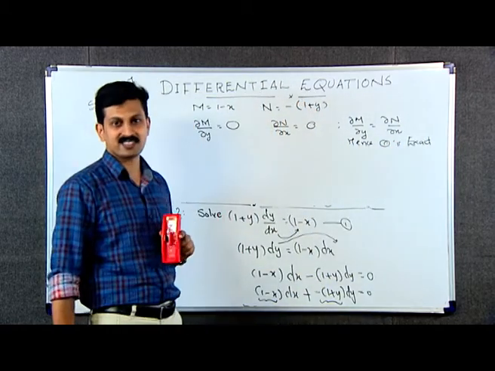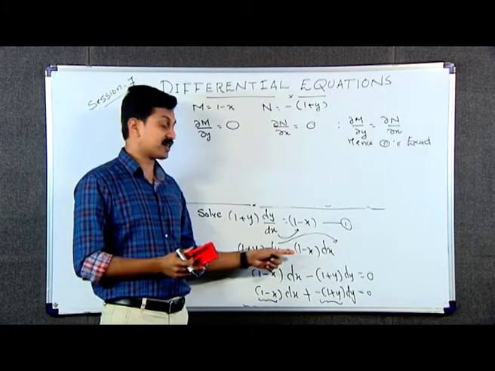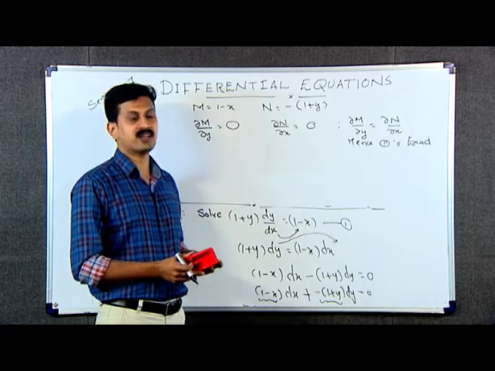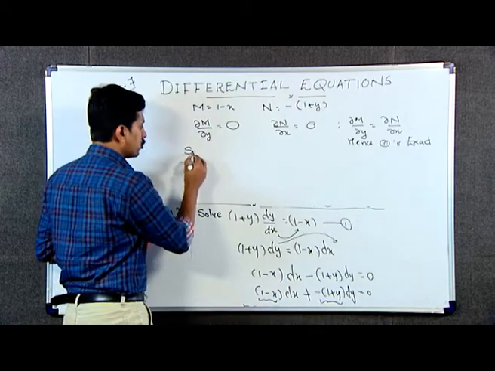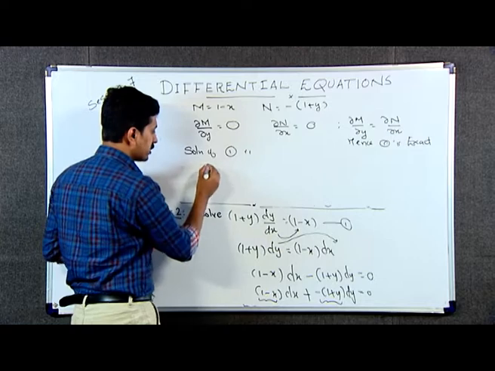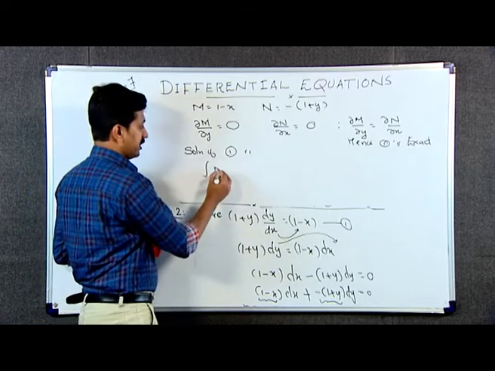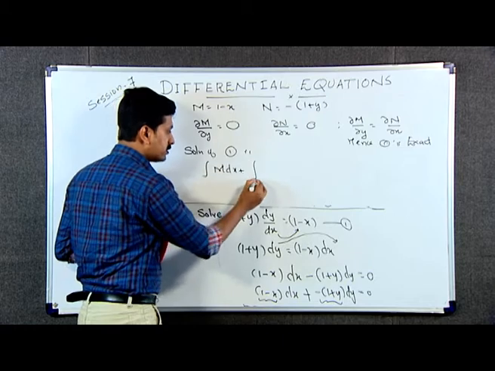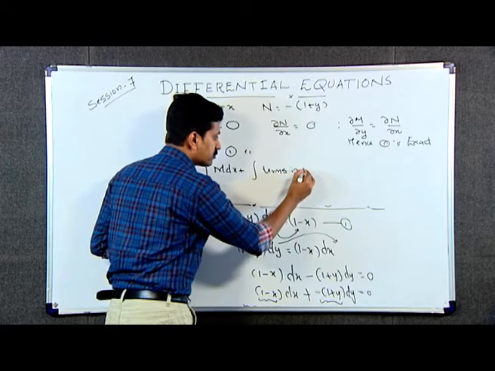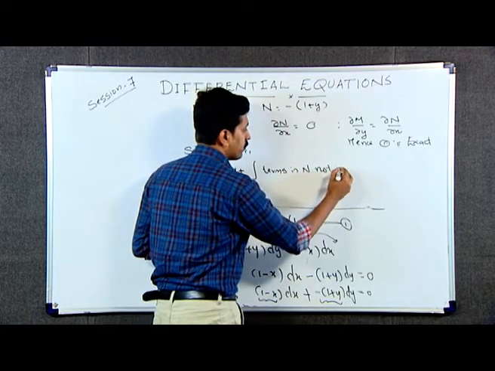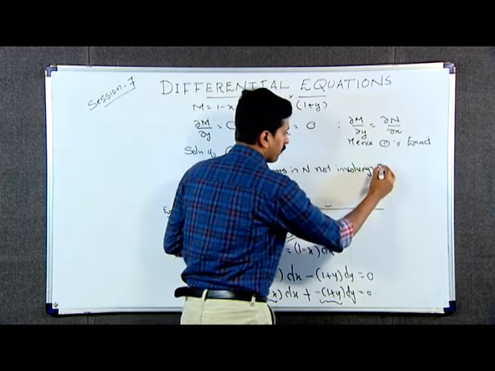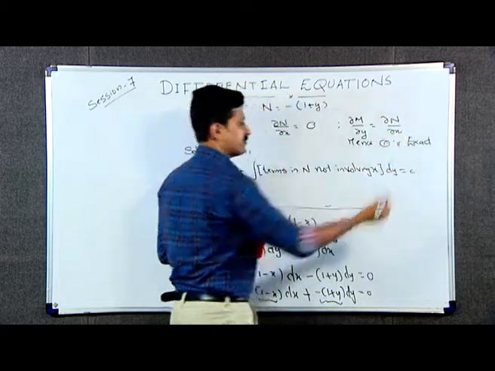Equation 1 is exact. Because equation 1 is exact, we are able to solve this differential equation by using the above mentioned formula. Our formula is, the solution of 1 is integral of M dx plus integral of terms in N not involving x dy is equal to c.